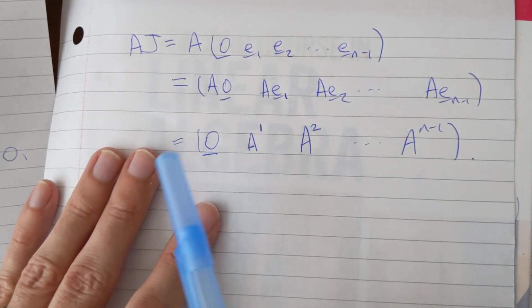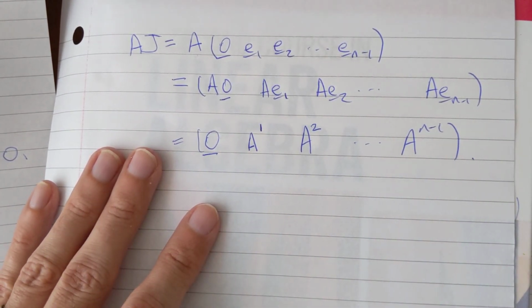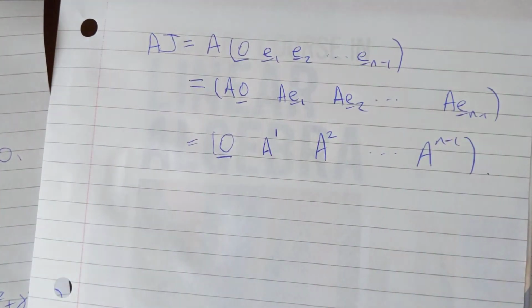So if we do AJ, that has the effect of moving all the columns to the right, and the nth column falls off the edge, and then we get a 0 as the first column.